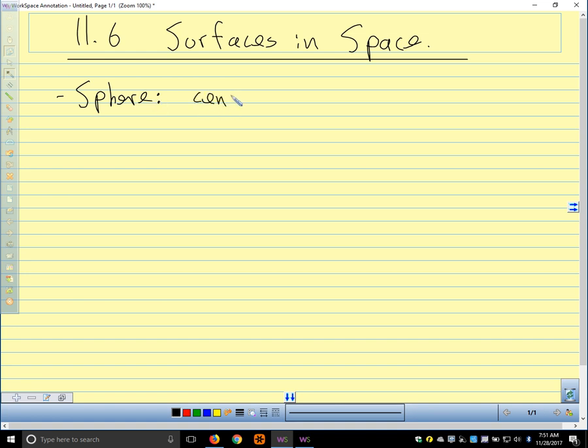And we're going to say our sphere has center x0, y0, z0, and radius r. So based on what you know already about equations in the plane, what would you guess would be the equation of a sphere in space?